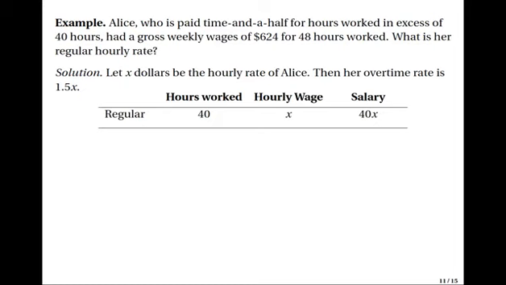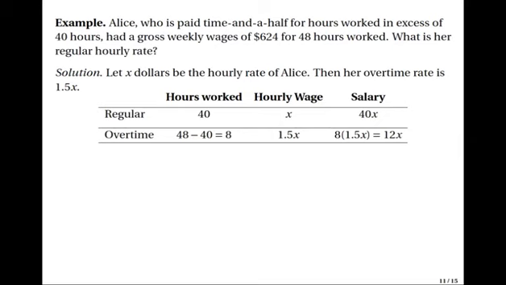Now, Alice worked for 48 hours, so there is an 8-hour overtime. Overtime will be 48 minus 40, that's equal to 8. And for the overtime, the rate will be 1.5x. So this is your hourly wage for the overtime, 1.5x, and there are 8 hours of that.